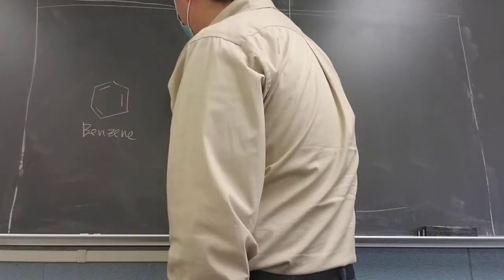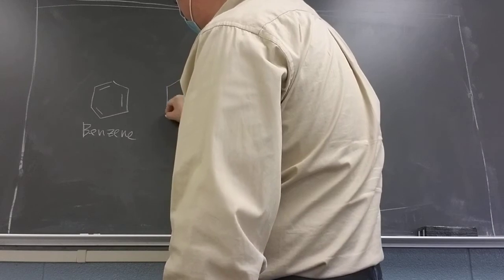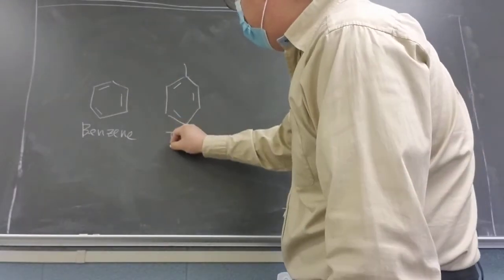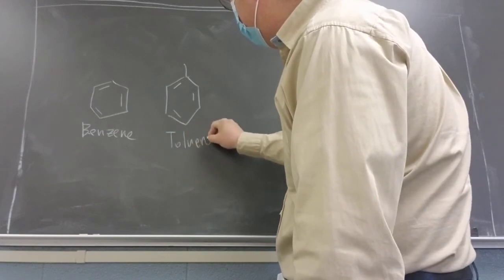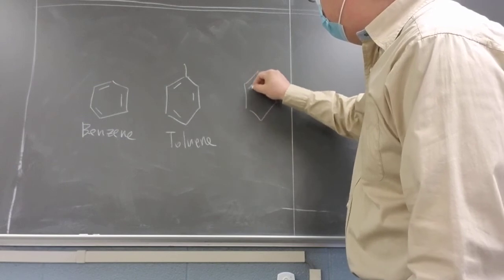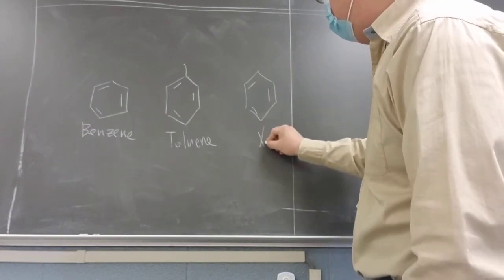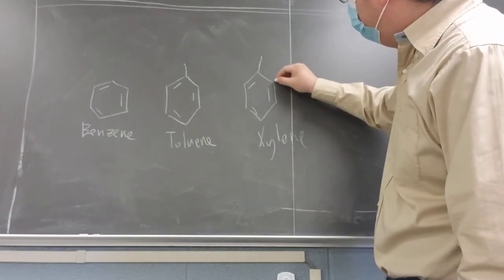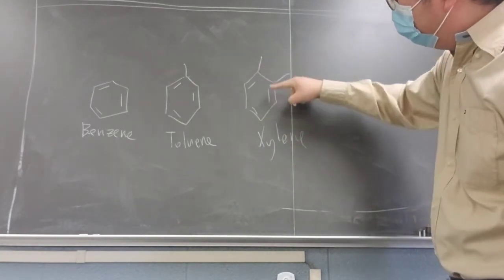If you put one methyl group over here, you guys remember it's toluene, right? Toluene. If you put two, we call this xylene.